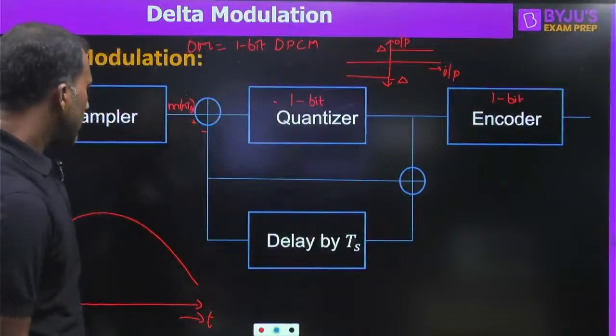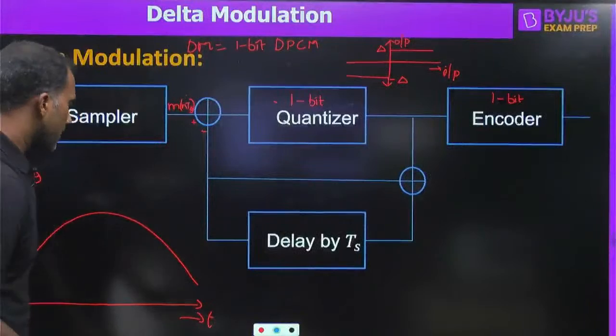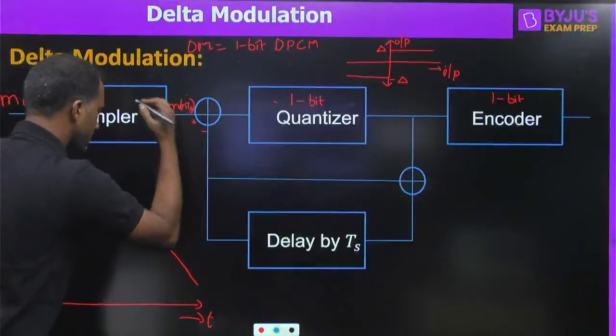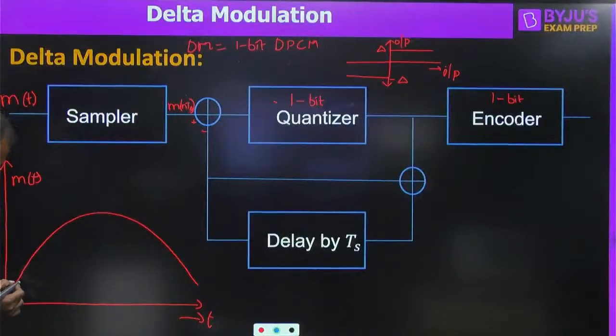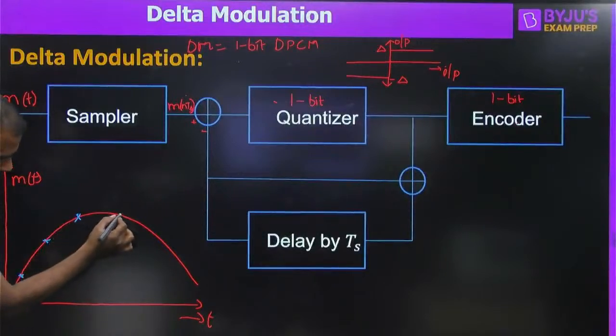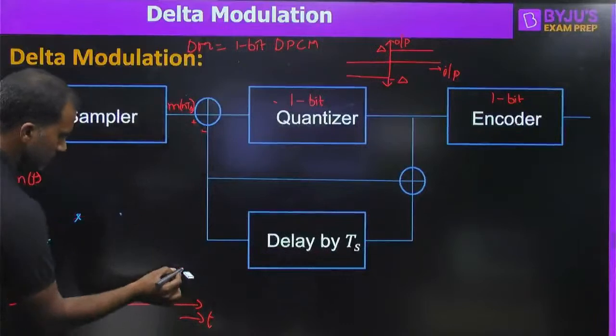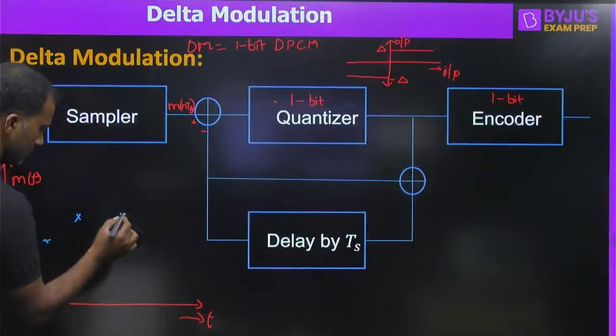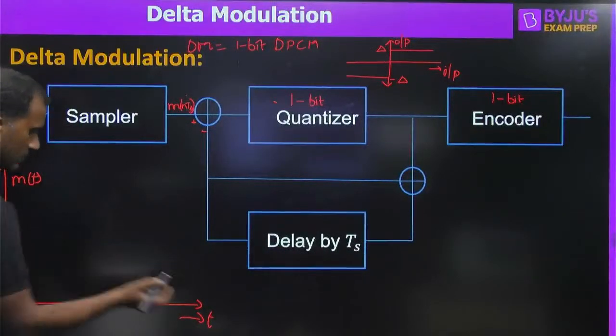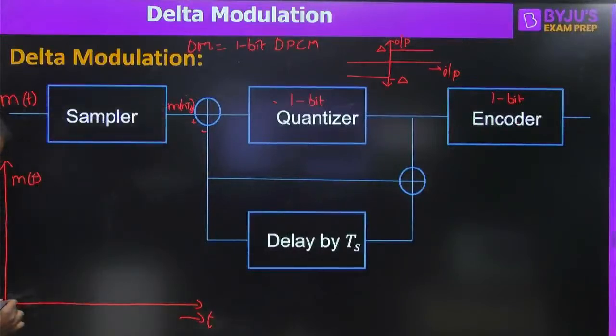Now let us clearly try to understand. Now we are going to have samples here. What are those samples? Let me select those samples: first sample, second sample, third sample. Let me take this shape in a slightly different manner.